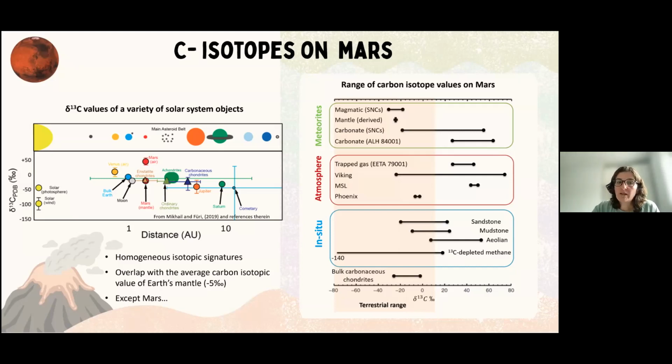But the most striking observation is this one, the low carbon 13 content in methane that was measured with values down to -140 per mil. This range overlaps biological processes on Earth, as we can see in this orange shadow. This data was published, I think, in 2021 or 2022, I don't remember, but very, very recently.